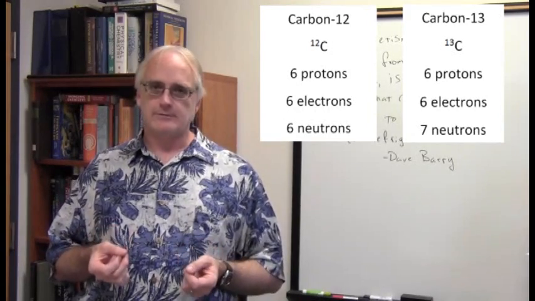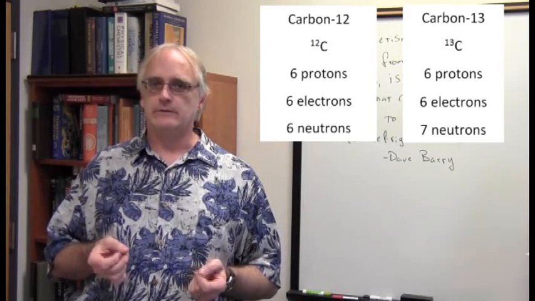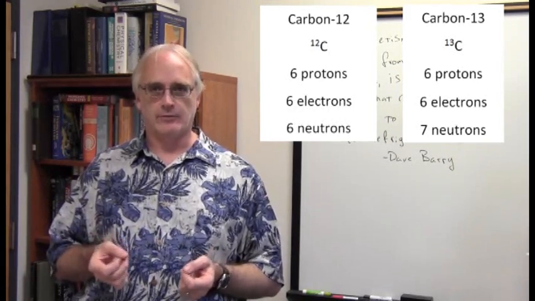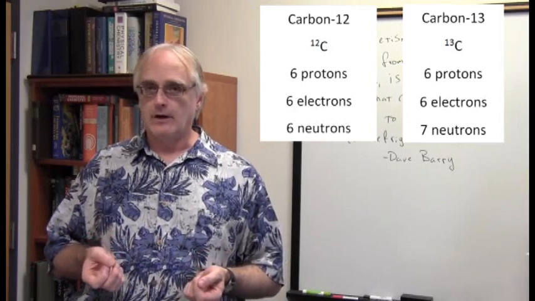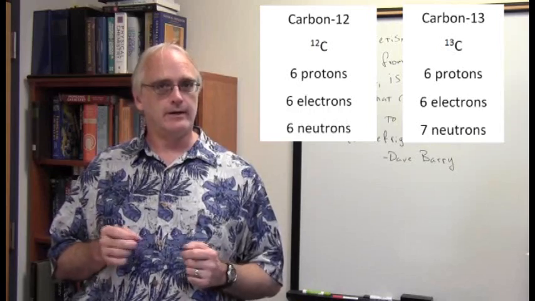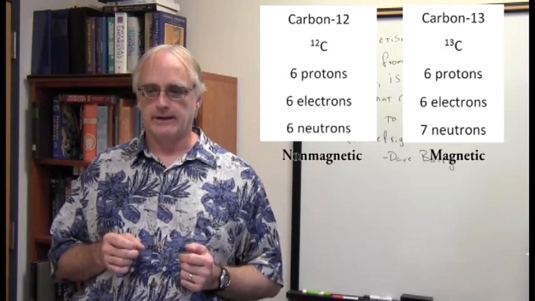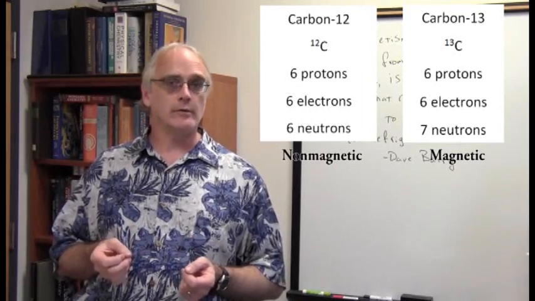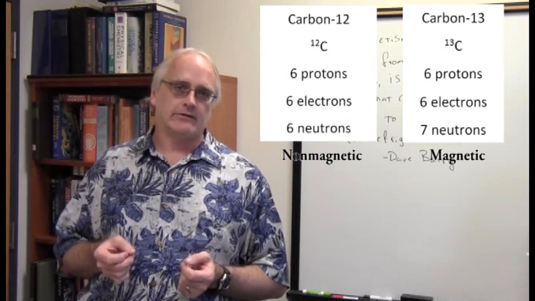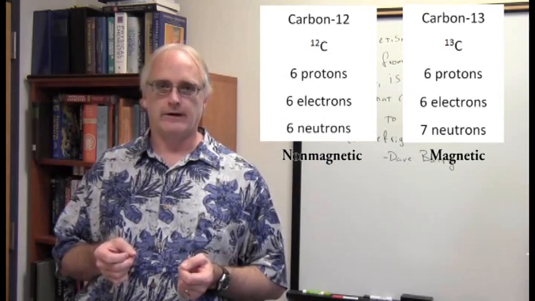But when we do nuclear magnetic resonance spectroscopy, the differences in these two nuclei become very important. For carbon, interestingly enough, carbon-12 is a non-magnetic nucleus, whereas carbon-13 is a magnetic nucleus. Whenever we do a carbon spectrum in NMR, it's actually the carbon-13s we're looking at, not the carbon-12s.